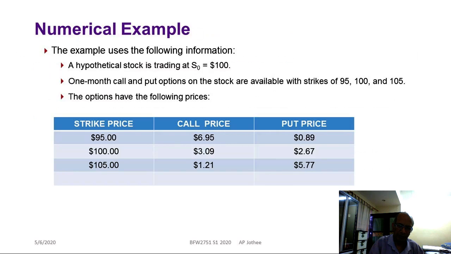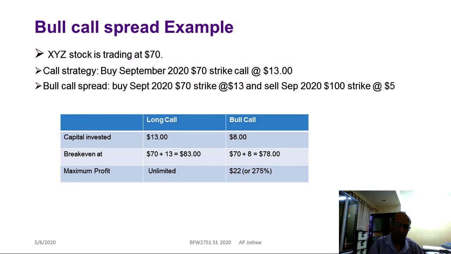Let me explain to you again. Under the long call alone, you have invested $13 as the call's premium, but of course, with a strike of 70, the price has to go up to 83 to fully recover the premium. And the profit is unlimited after that.